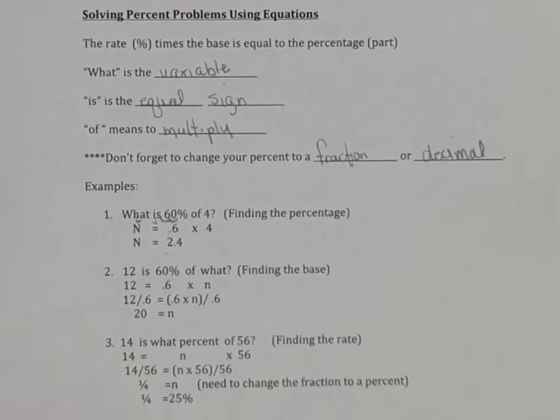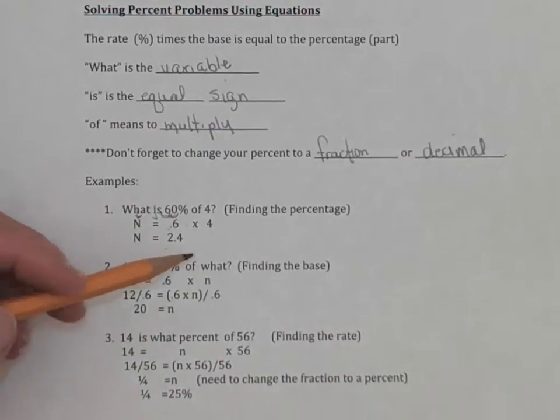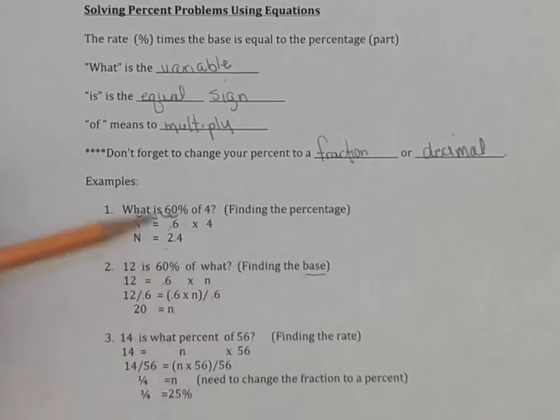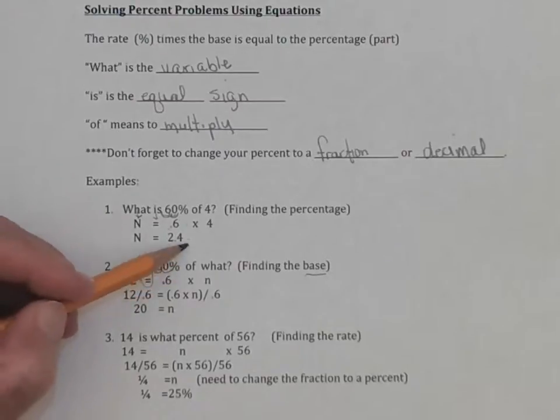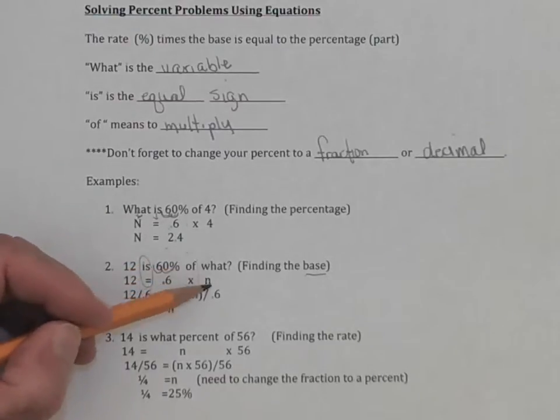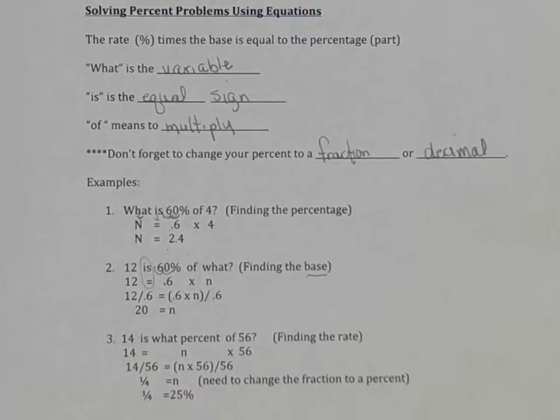The other two types of percent problems we haven't used equations on. So this one is where we're finding the base. We don't know the of number. So 12 is my equal. Again, we're going to change this to a decimal, 2 places to the left. Of means multiply, and then what is n? So now we have 0.6 times n equals 12.